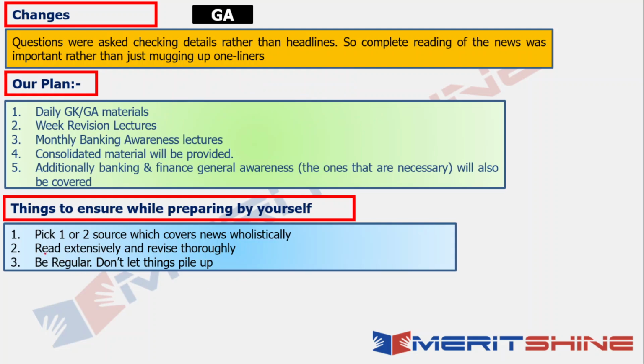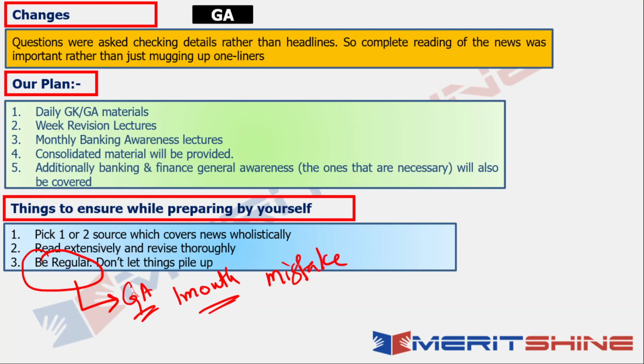Third thing, very important. I cannot overstate the significance of this. This is so important: be regular. In GA, most of the time we think that one month before the exam we will cover everything. Don't make that mistake.